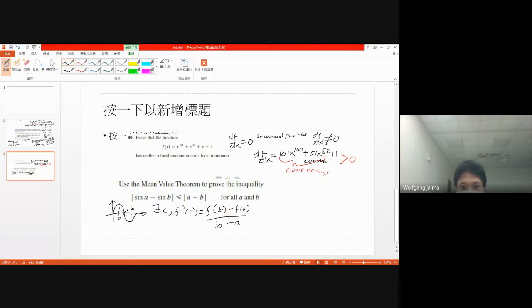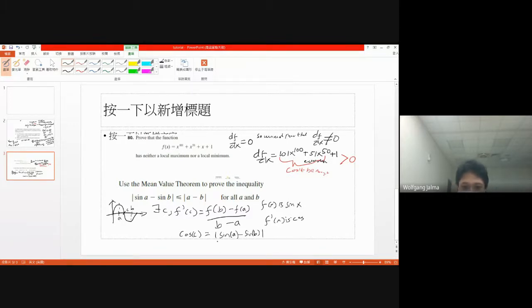Now, what is F? F(x) is sin x. So the derivative is cos x, right? So we must have that cos C equals sin A minus sin B over A minus B. Well, in the exam, you must write something better than this, right?